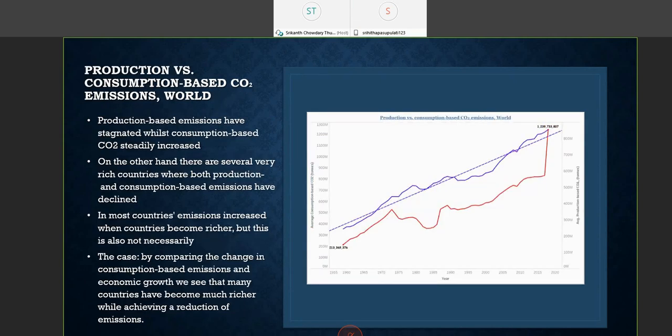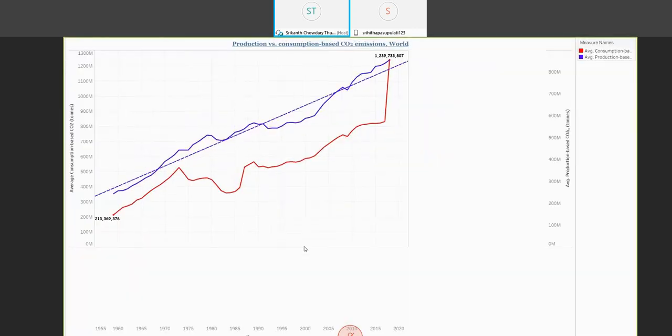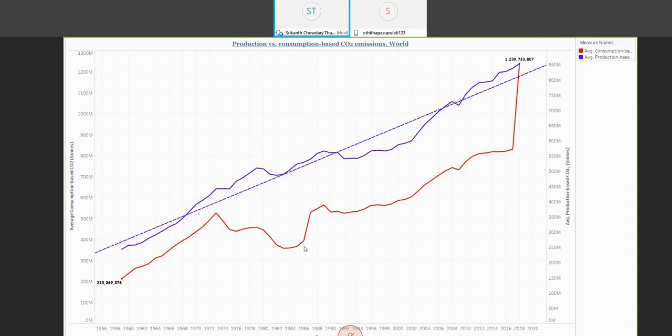Coming to our third worksheet, this shows us the production versus consumption-based CO2 emissions over the world. This is our worksheet, and it mainly depicts the production-based emissions and the consumption-based emissions.